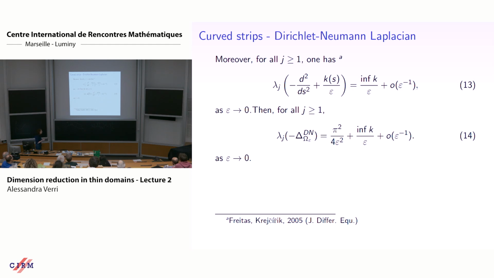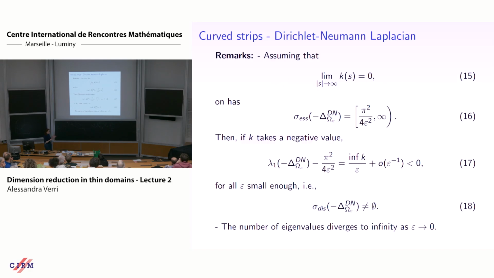So here now we have this new asymptotic behavior. We note that it doesn't depend on j. And here I put some more details. What do these results say to us?